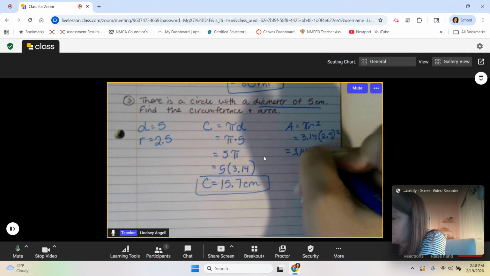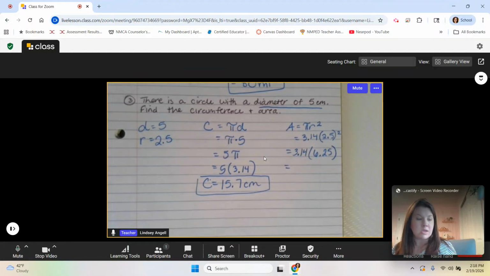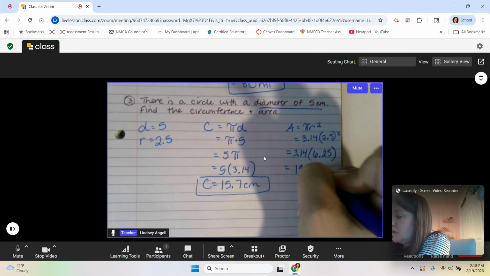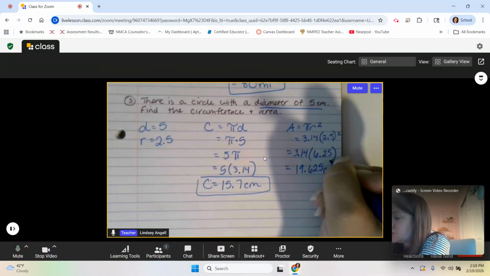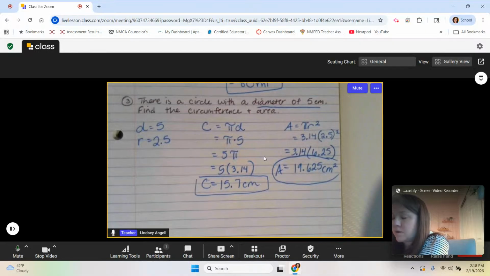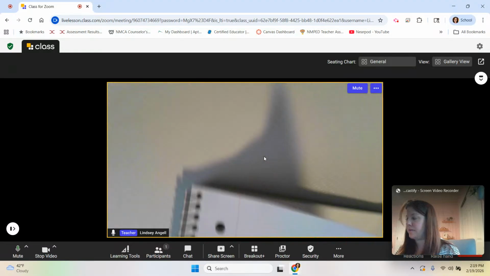So 3.14 times 6.25. I'll multiply those together and I get 19.625, and this would be centimeters squared. And that's the area. Okay? Now, be careful on your test if it asks you to round to the tenths place or the hundredths place. Just make sure that you pay attention to that as well.